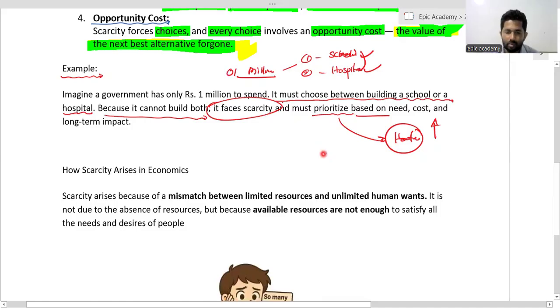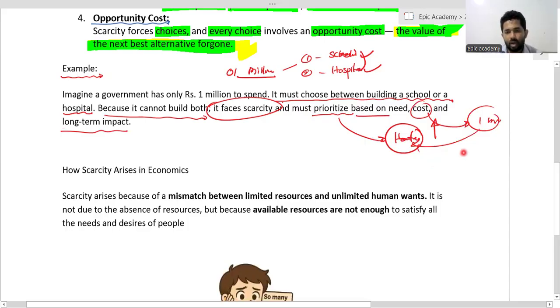Priority needs are very important. That is why priority goes from up to down. So I say it must be prioritized based on needs, cost, and long-term impact. You need to compare the cost. If the cost is only 1 million, you have to build a hospital building, some kind of small building.